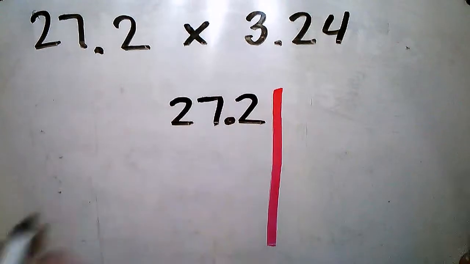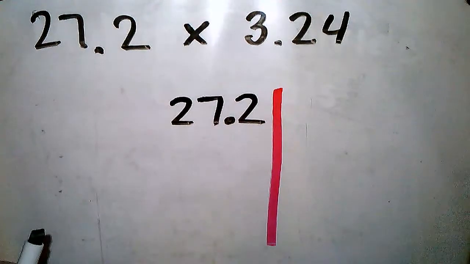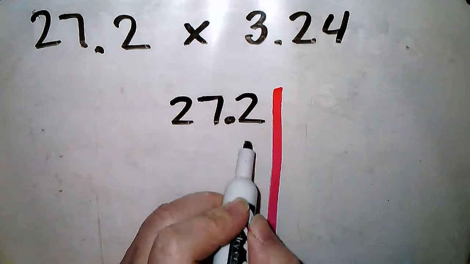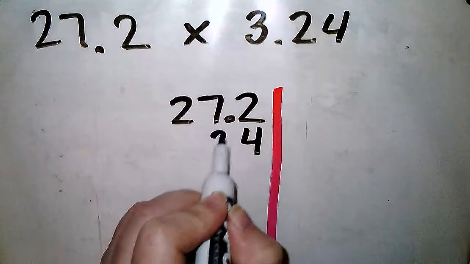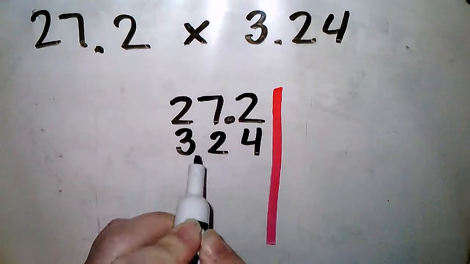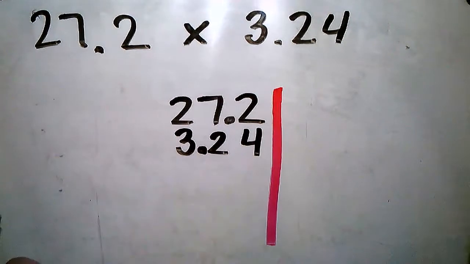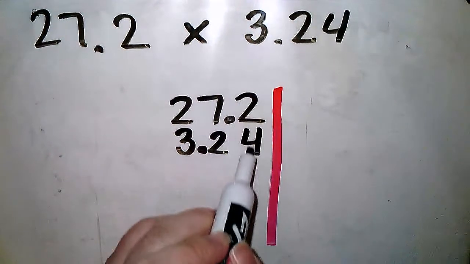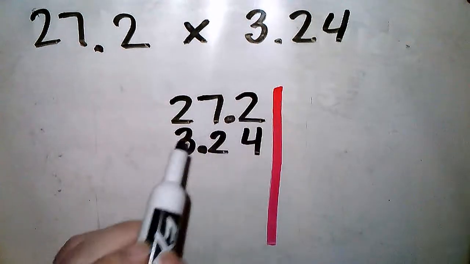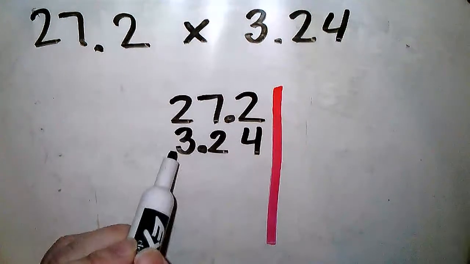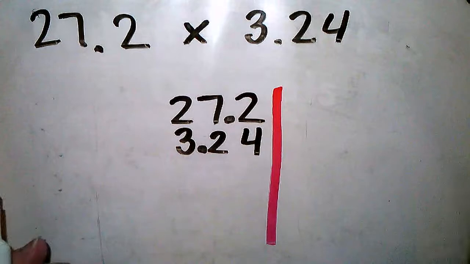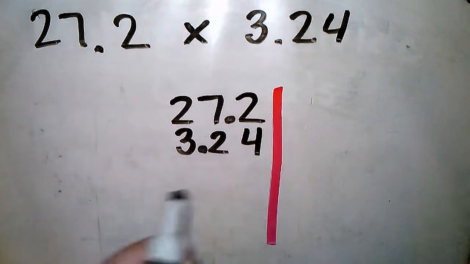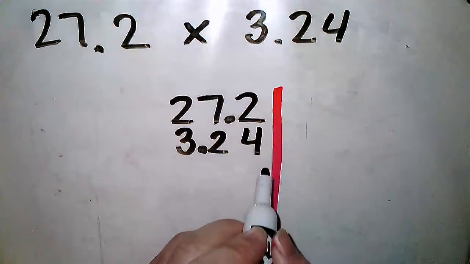We'll go ahead and put the decimal in, even though we're not going to worry about it right now, and we'll put in the second one. All I focused on doing was lining up the numbers. 2 and 4 are right on top of each other, 7 and 2, and 2 and 3. I'm not worried about the decimals right now. Remember, we're forgetting about them. We're multiplying as if these are whole numbers with their backs against the wall.